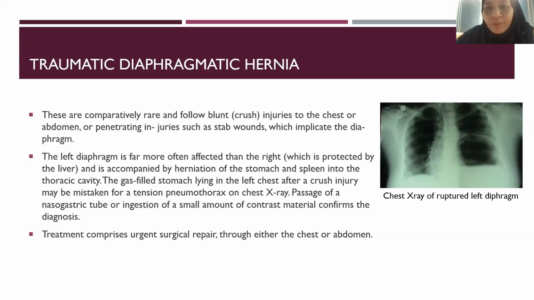As we can see from the X-ray here, we have to identify that this is actually the stomach that has ascended upward. So it is a ruptured diaphragm with hernia. Usually the surgery is to repair the diaphragm, either through the thorax or from the abdomen.